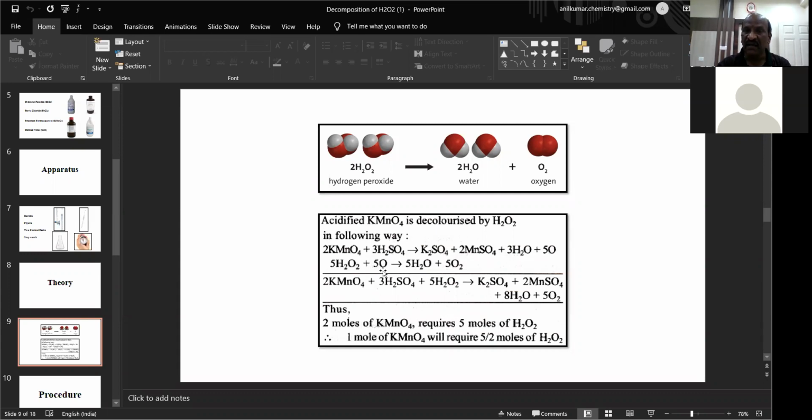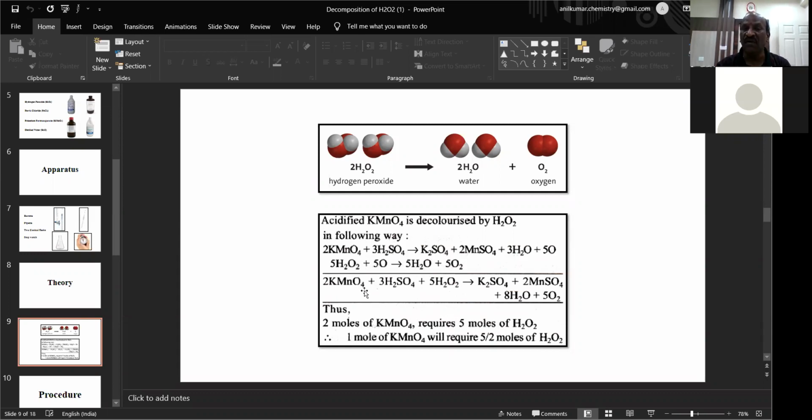And then by adding the hydrogen peroxide, the 5 moles of oxygen liberated here will react with the hydrogen peroxide, and the hydrogen peroxide is decomposed into water and oxygen. If we combine these two equations, we get the overall reaction. What is the overall reaction?